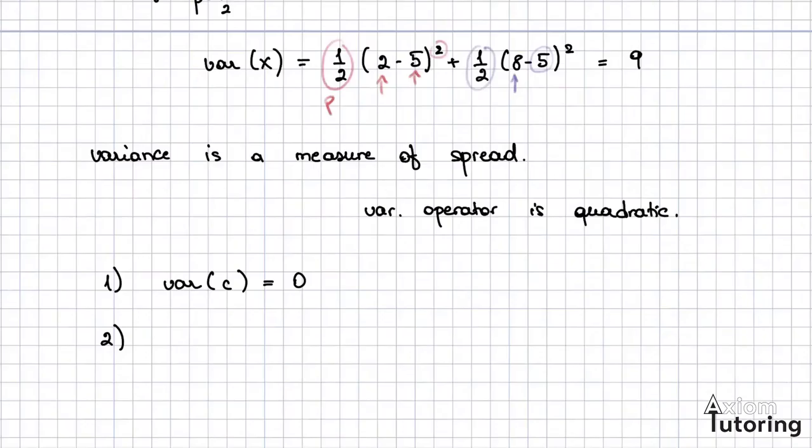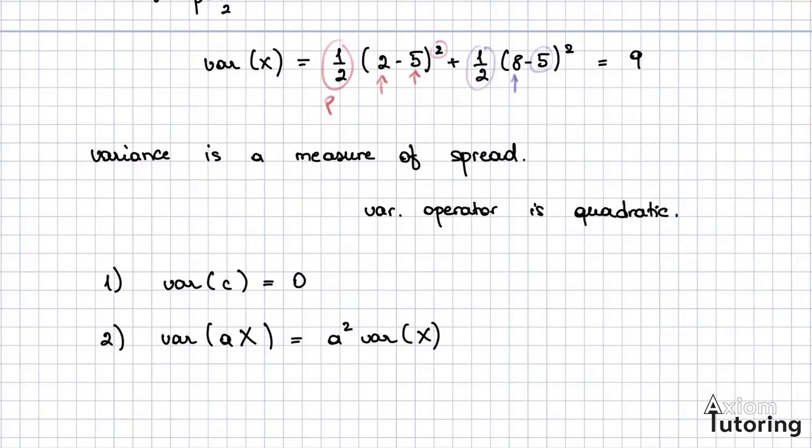However, the variance operator is quadratic, so let's see very quickly how exactly that translates. That means if I have the variance of a times x, where a is a constant, then this is simply a squared times the variance of x.